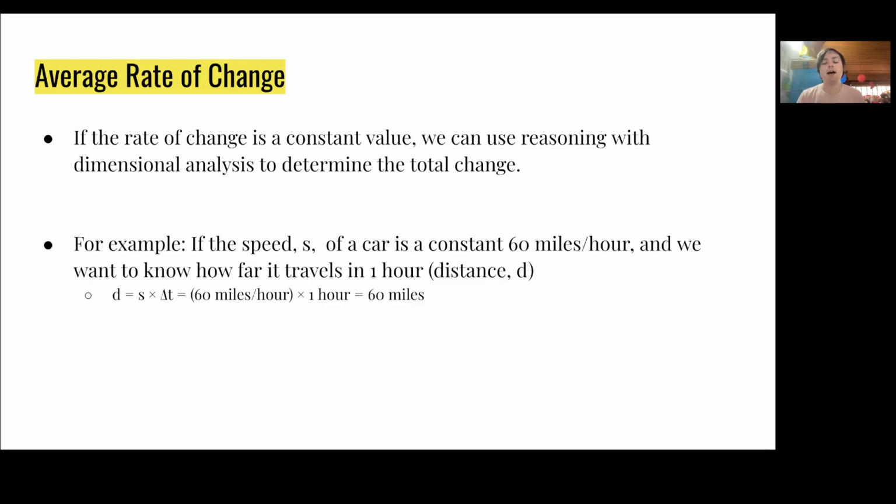And so we could see that the per hour unit would multiply by the hour unit and cancel out, and we would end up with just 60 miles as our answer for our total distance. And so that seems like a useful way to figure this out.